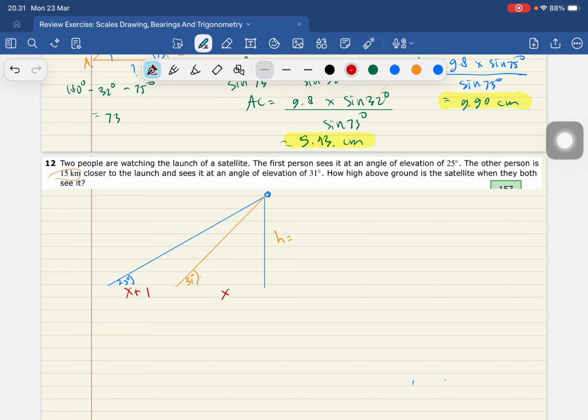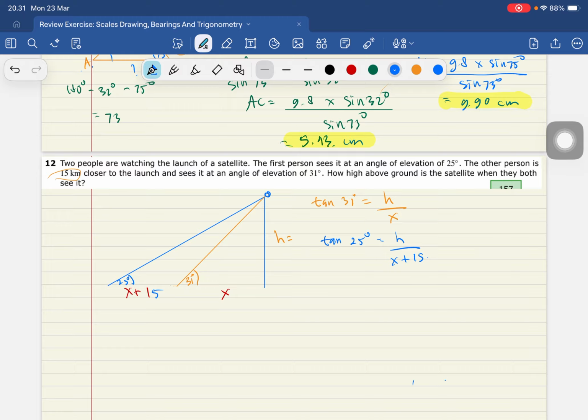We've got opposite and adjacent, so we can use tan. The first: tan 31 degrees equals the height divided by x. The second: tan 25 degrees equals the height divided by x plus 15.